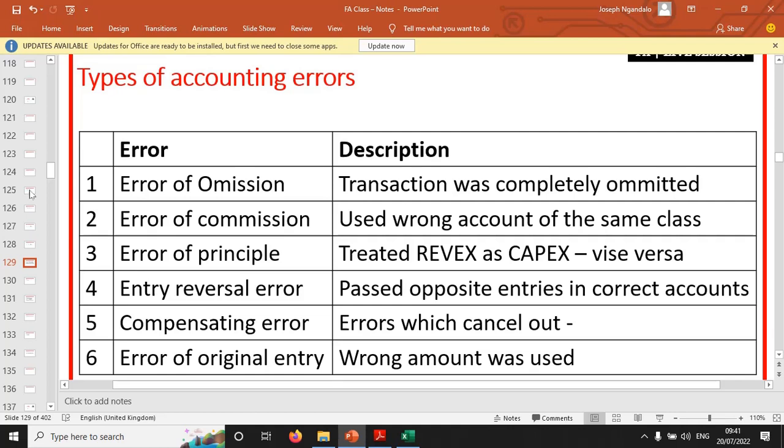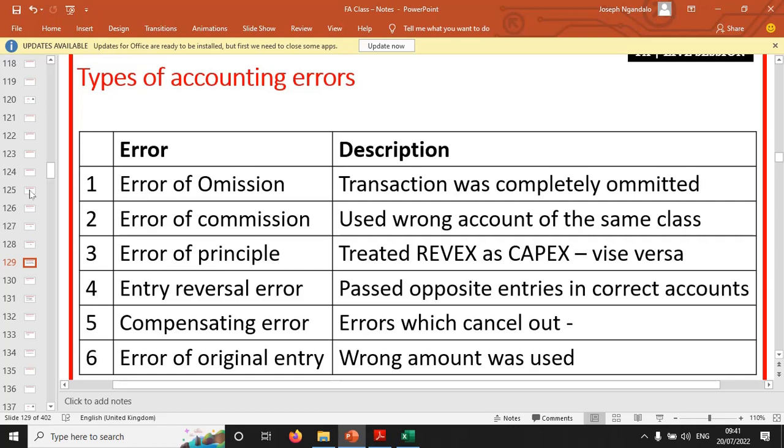Next, error of principle. It means an account of a different class could have been used, but of course both accounts could either be debits or credits. An example given is treating capital expenditure as revenue expenditure, or indeed doing the opposite.